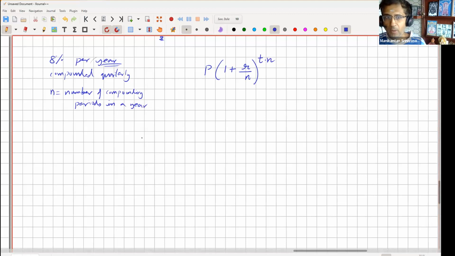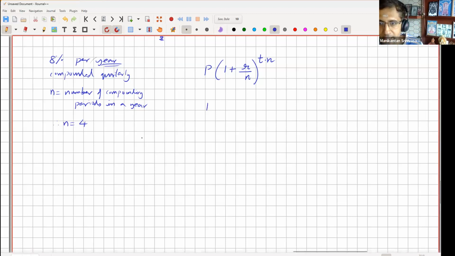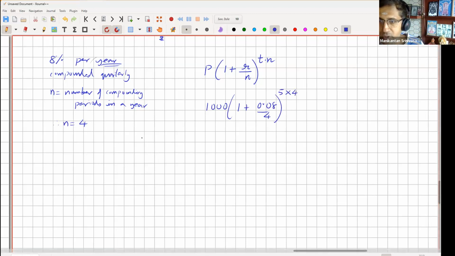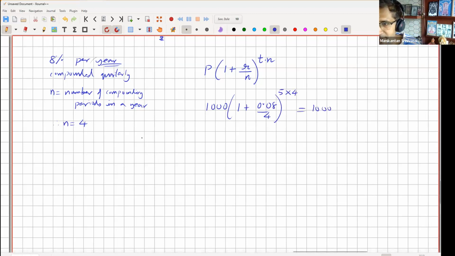So in case of compounded quarterly, N equals 4 because it gets compounded 4 times in a year, right? There are 4 quarters in one full year, therefore 4 compounding periods. So in our case, it will become $1,000 times (1 plus 0.08 by 4) power 5 times 4, so 1,000 times 1.02 power 20, versus initially we had 1,000 times 1.08 power 5.